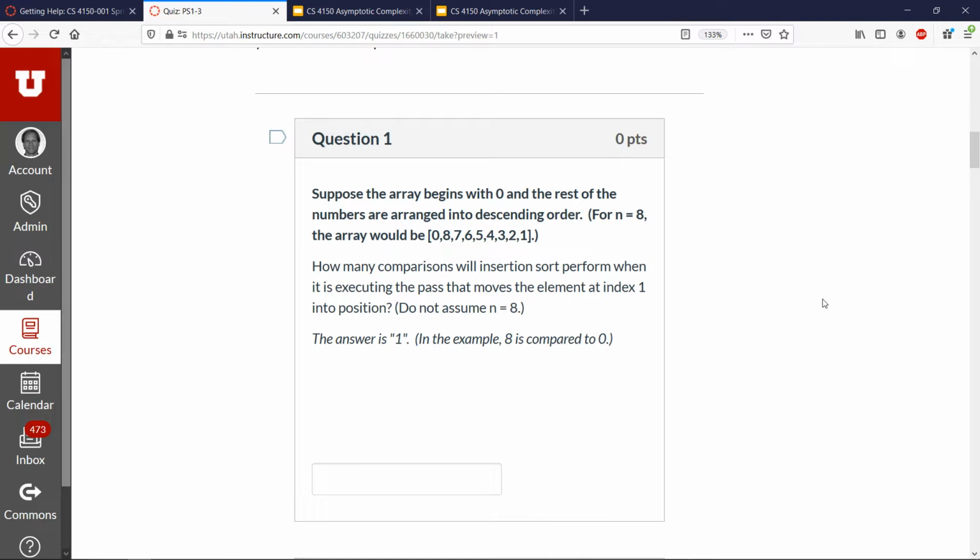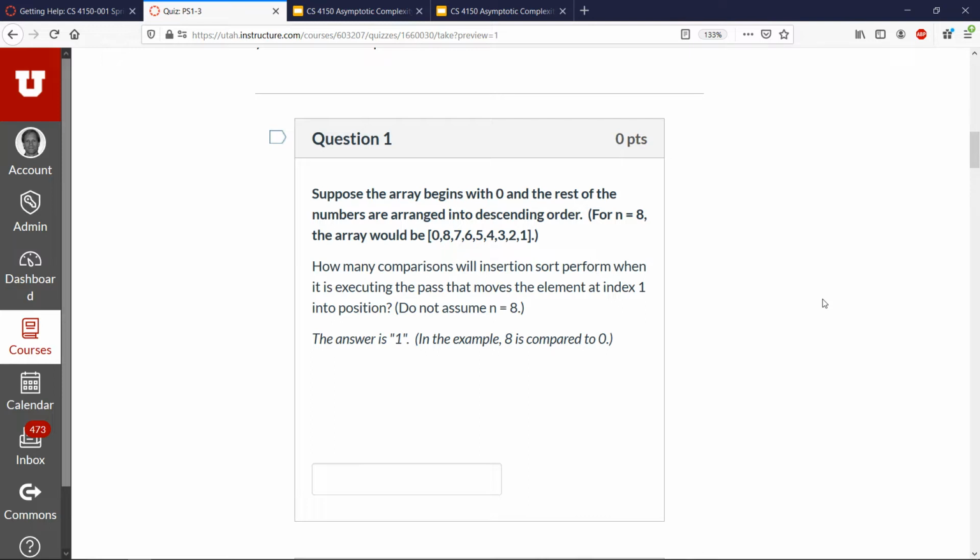And it starts at 0, and the rest of the numbers are arranged into descending order. And you're supposed to count how many comparisons will be performed by insertion sort in that particular situation. And it's one thing to solve it for a particular n, in this case 8, but I want you to solve it for the general case. Okay? All the examples I give are using n equals 8.